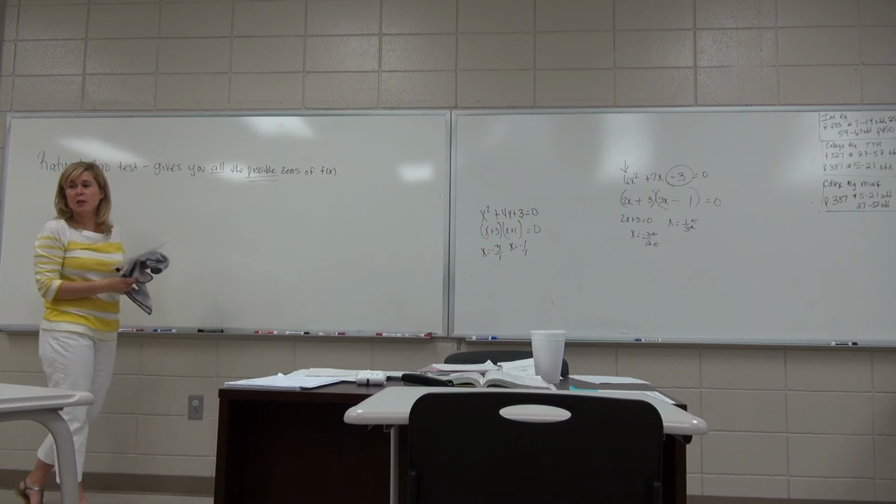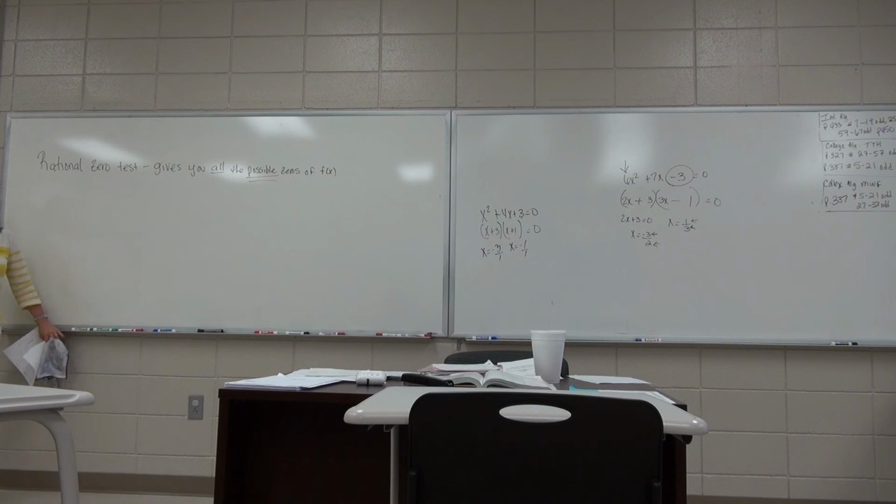That possible is a key word. If I tell you it's possible that we might have another quiz on Thursday, does that mean we're going to have one? No. So it means we might or we might not. And that's what this rational zero test tells you. It's going to give you the possible zeros. Some of these zeros will work and some of them won't work. Okay? But you can't have a zero unless it's in that group.